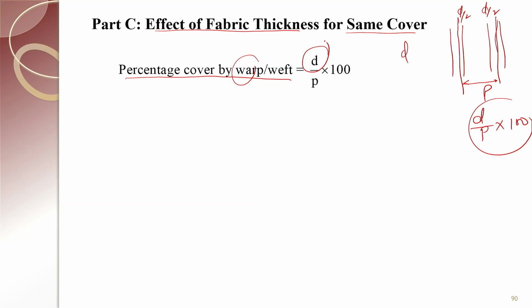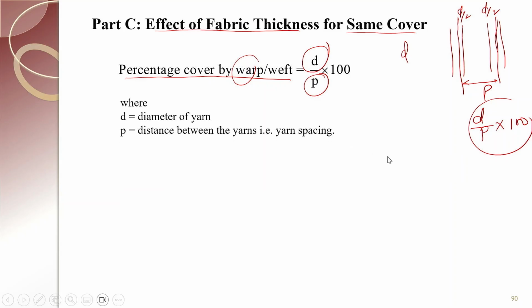d is the diameter of the yarn, P is the distance between two yarns, that is the yarn spacing. If we know the yarn spacing and diameter, then we can control the cover factor. So, if we want to keep this d by P ratio the same, what do we have to do?